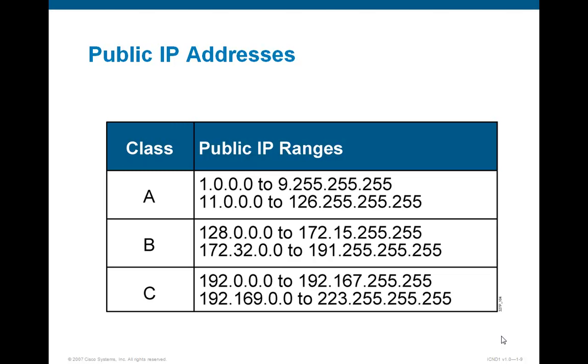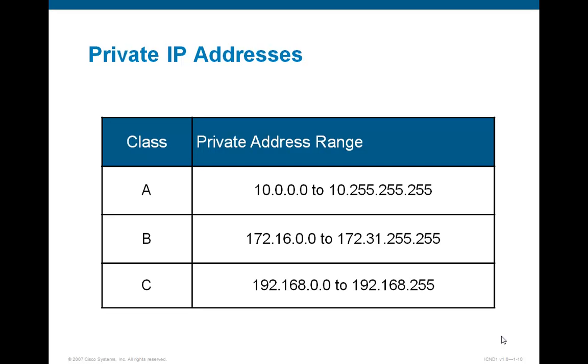Class C starts from 192.0.0 until 192.167.255 network. Then class C also continues from 192.169.0 network till 223.255.255 network. Those IP addresses outside of that range will be considered private.